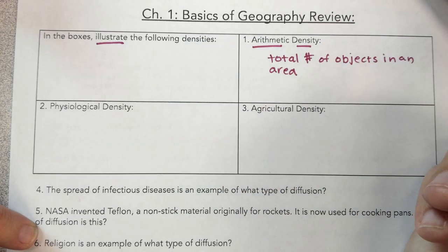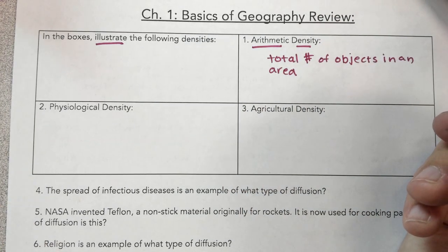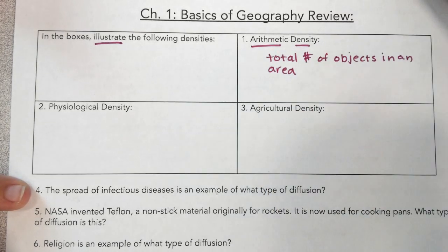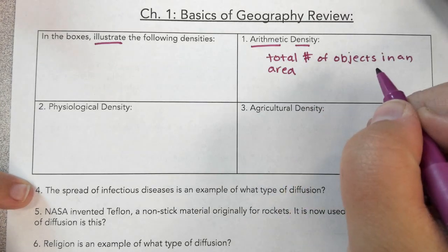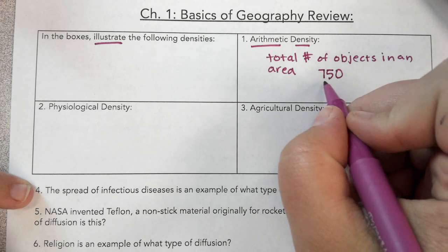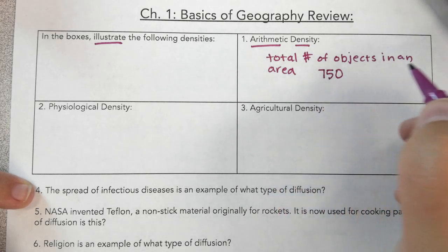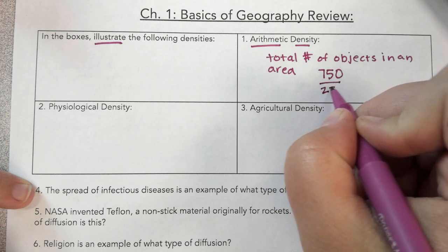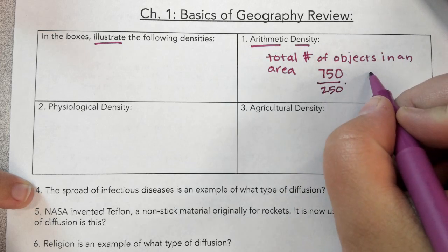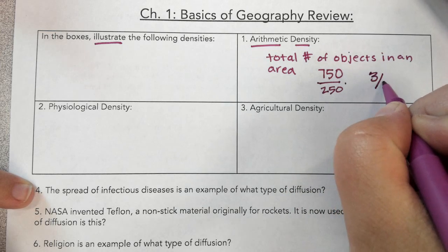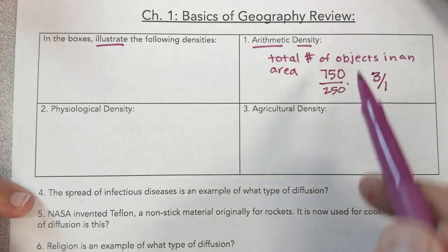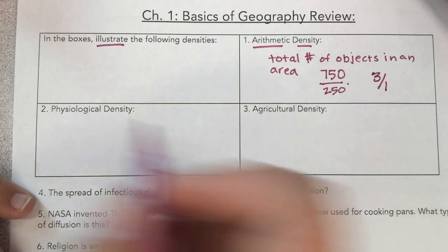This would be similar to, let's say you had, I'm going to say, 750 people per every 250 miles or something like that. This right here means per. You would get a 3-to-1 situation. So for every 1 mile, you would have 3 of whatever it would be.